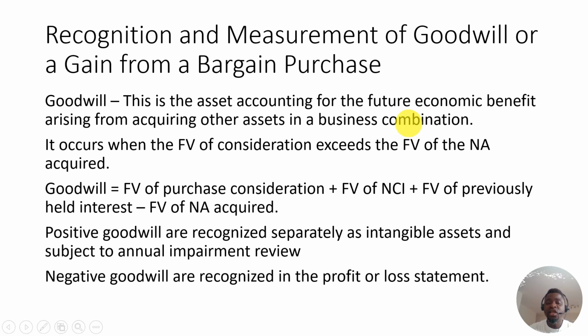But when you acquire a business, there's an asset that would come as a result of the acquisition of other assets. So when you acquire these assets and liabilities like property, plant, and equipment, PPE, inventory, receivables, and others, there is a future economic benefit that will flow to that entity because you acquired it. So that asset is called the goodwill.